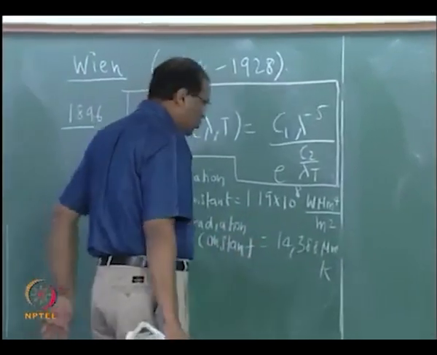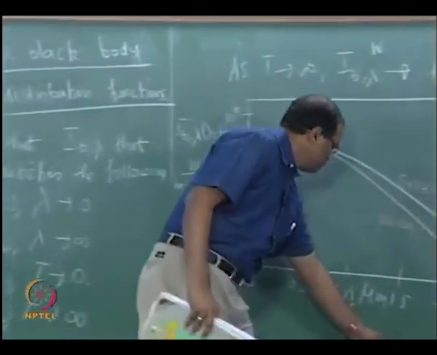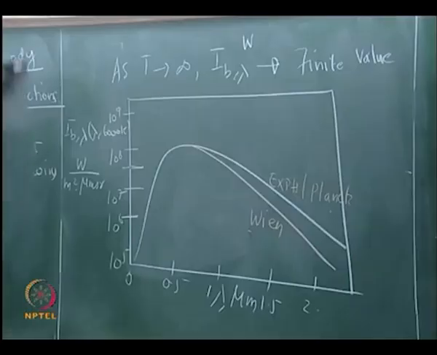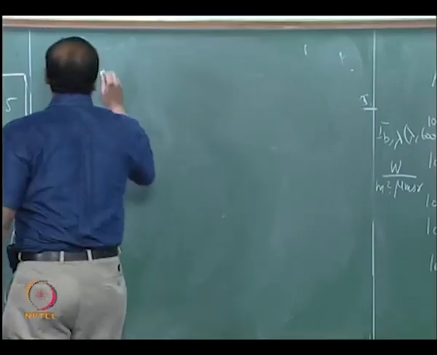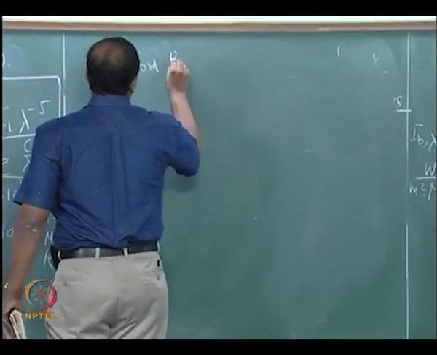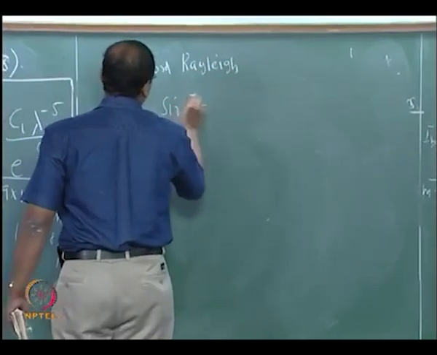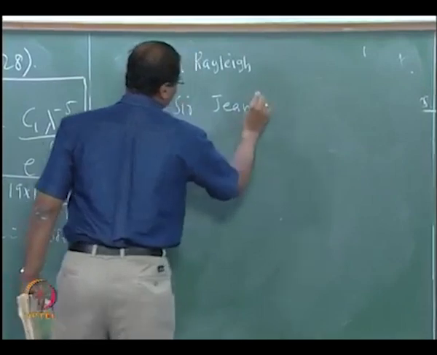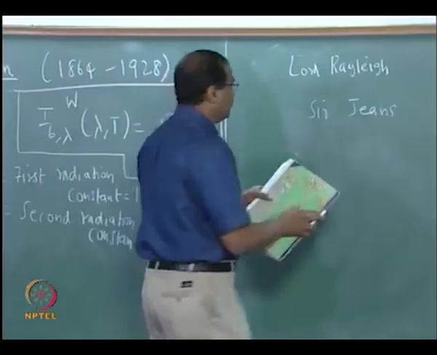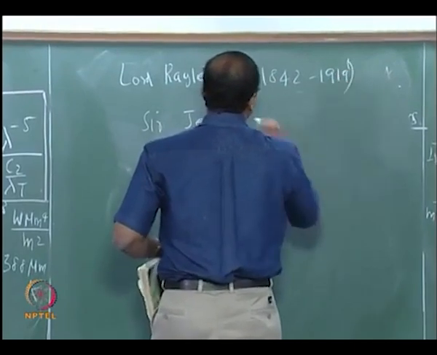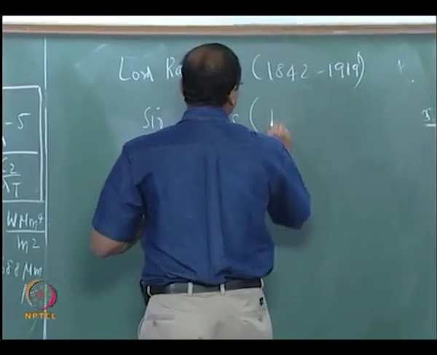Now come two other scientists, Rayleigh and Jeans. So Lord Rayleigh, 1842 to 1919, and Sir Jeans, 1877.